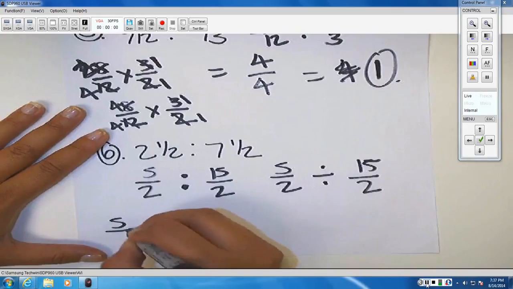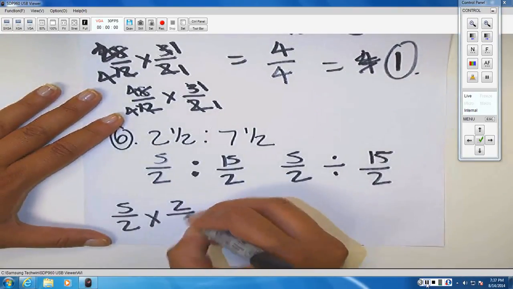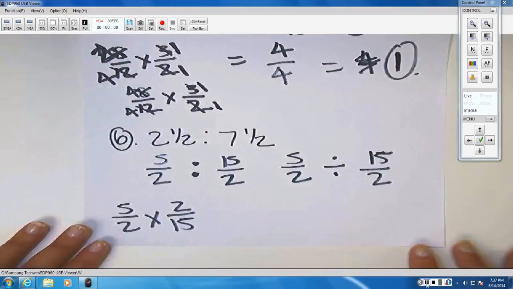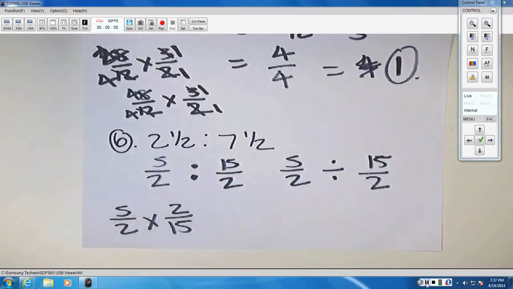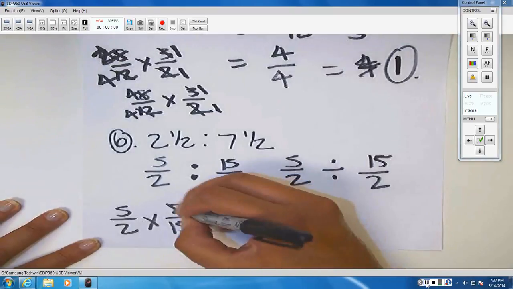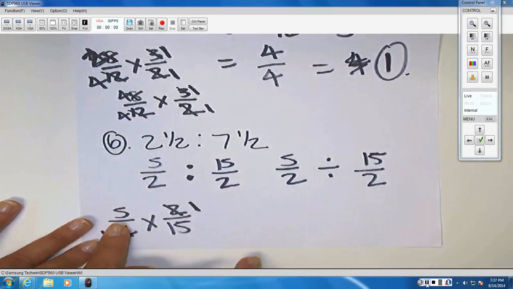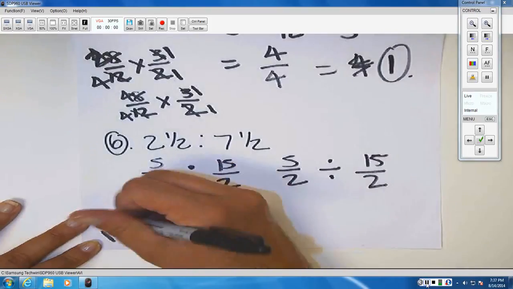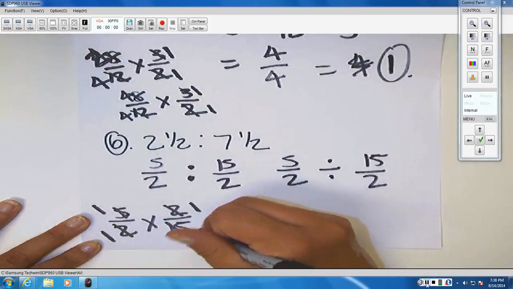So it ends up with 5 halves times 2 over 15. And now I'm going to reduce where I can. So I know that these 2's will reduce out, so they're both going to turn into 1. And I know that 5 will go into 15. So 5 will go into 5 one time, and 5 will go into 15 3 times.